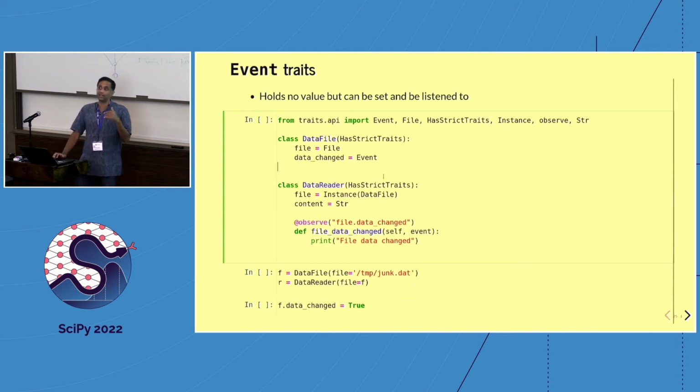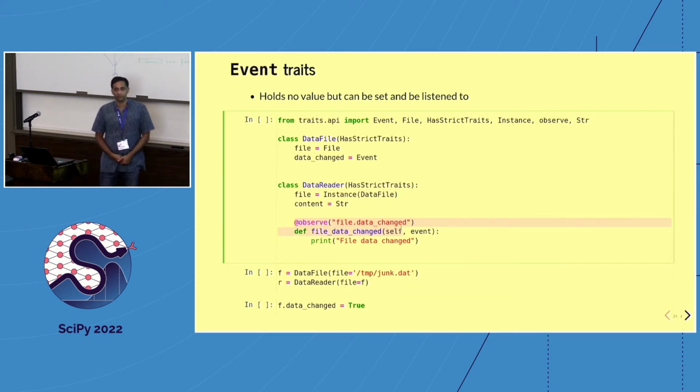And then let's say you have a data reader. What you want is, whenever the data changed in that data file, you want the reader to do something. So what you can do here is, this data reader has an instance of this file, which is a data file instance. And you can observe file.dataChanged. So whenever the data changes for that file, it will do something, some computation.